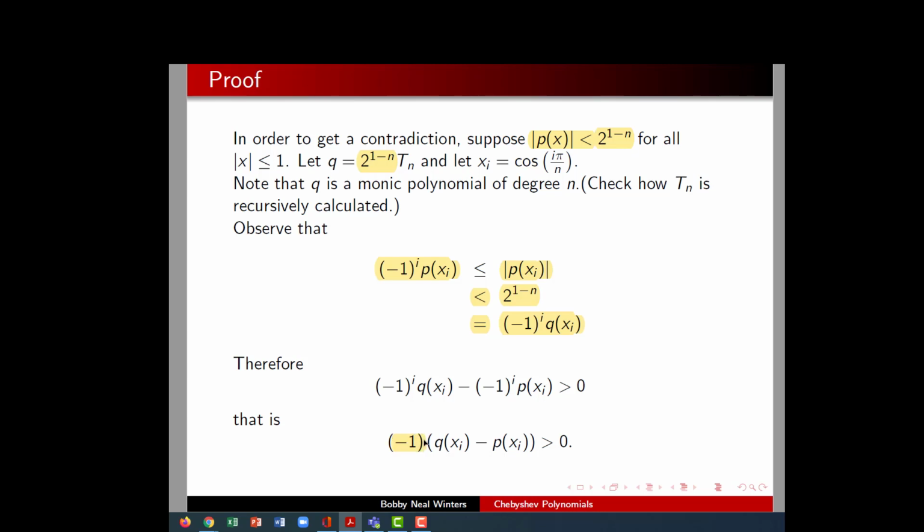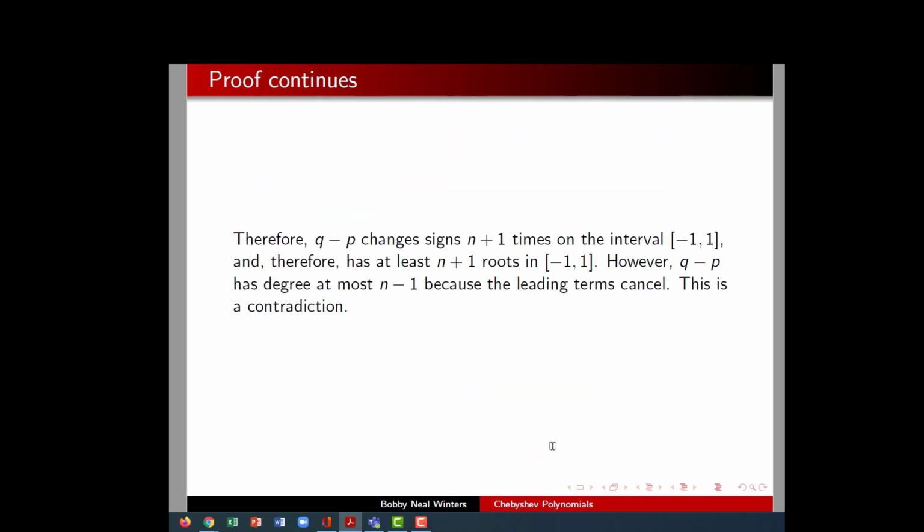Therefore, q minus p changes sign n plus 1 times on that interval. Therefore, there are at least n plus 1 roots in that interval. However, q minus p has at most degree n minus 1 because the leading terms cancel. Therefore we have a contradiction. Beautiful algebra.